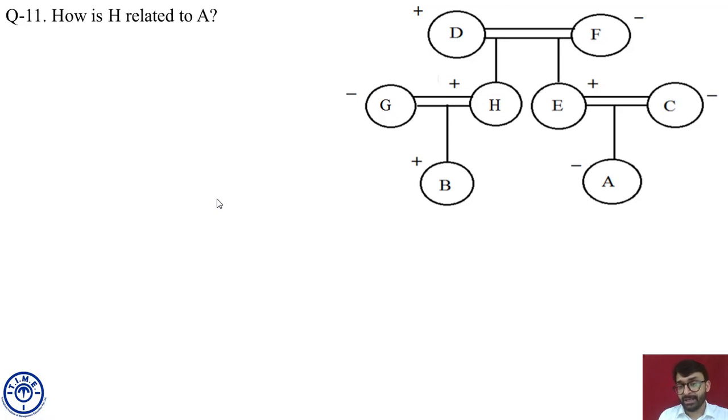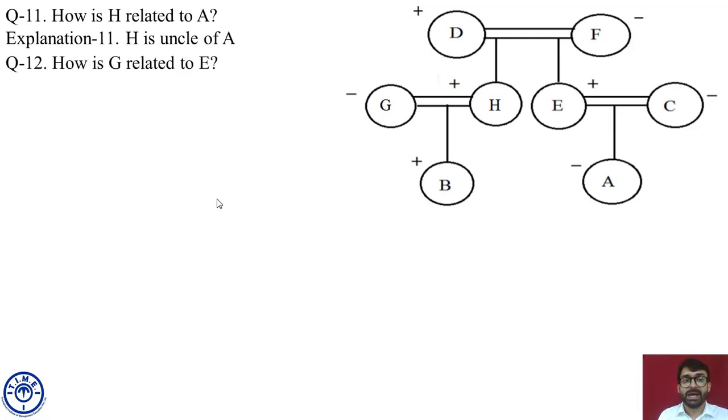H's brother is E, and E's daughter is A. So H is uncle of A. Am I right? A's father and H are siblings. That means H is uncle of A. Okay, let's move to the next question.